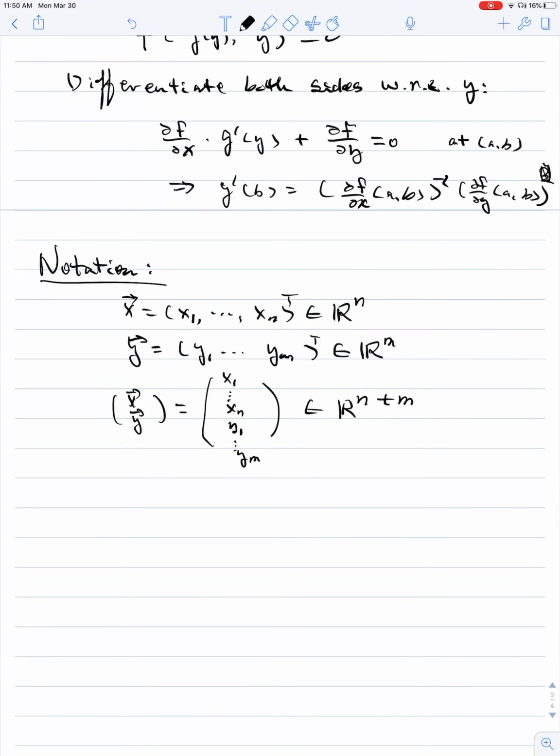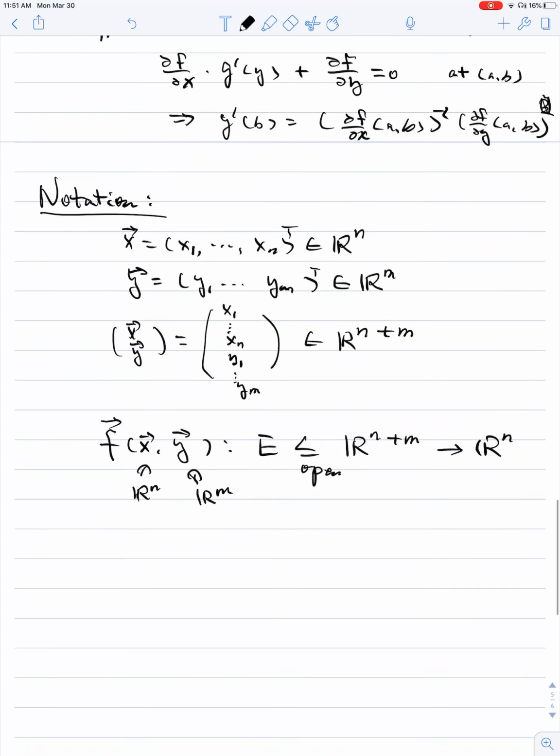Now, the function f is a function from E, which is an open set in R^(n+m), where x is in Rn and y is in Rm, to Rn. So it has n components.